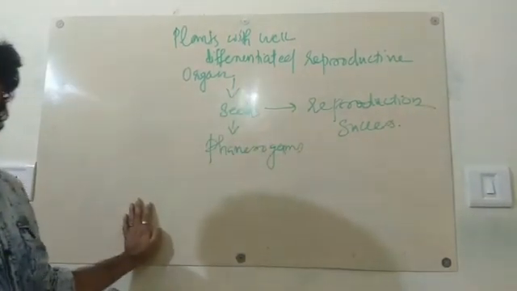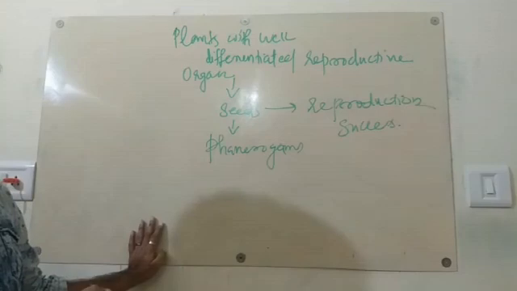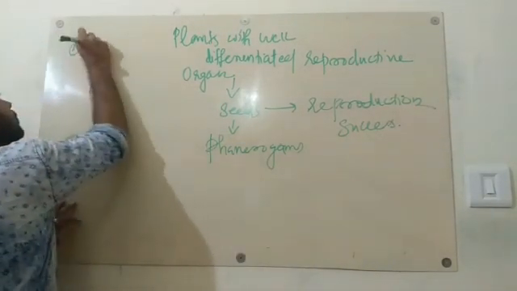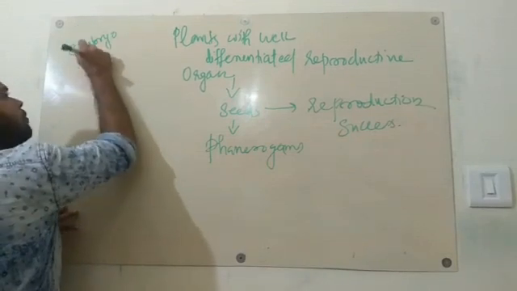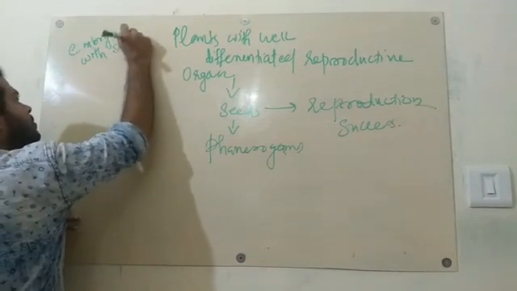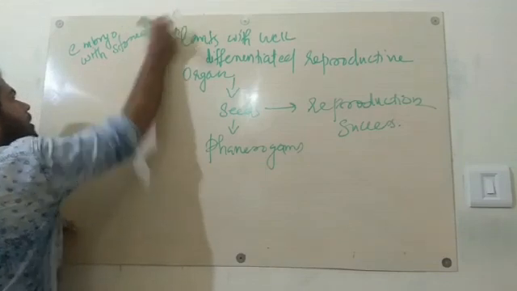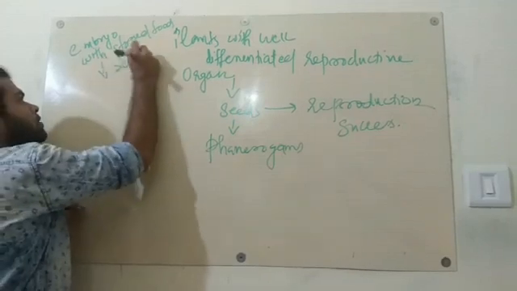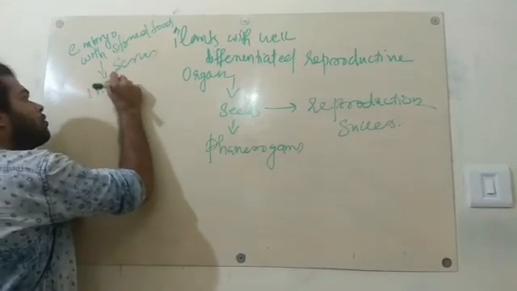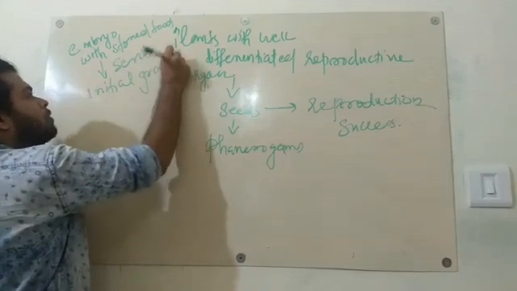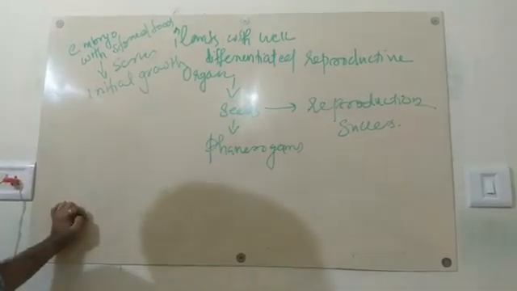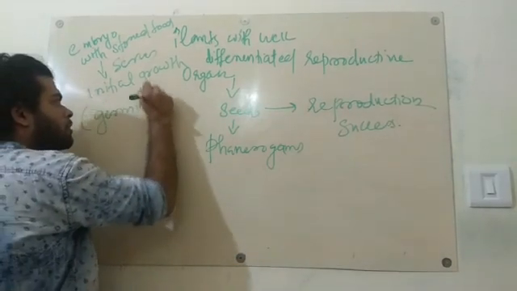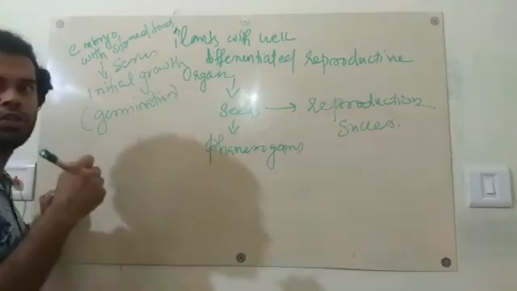They consist of the embryo along with stored food, which serves for the initial growth of the embryo at the time of germination.